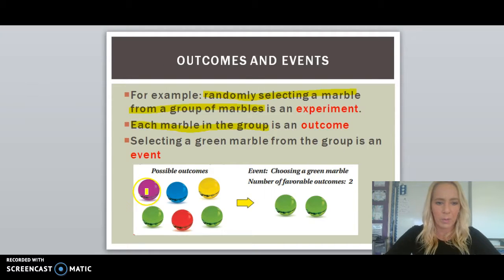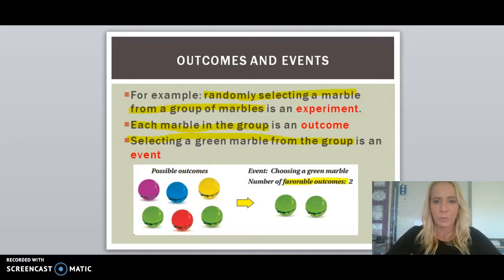So for example, purple can be an outcome, blue, yellow, red, and green. And then the event is selecting a green marble from the group. So the event is choosing a green marble, and there's two favorable outcomes, meaning there's two possibilities of getting a green marble.